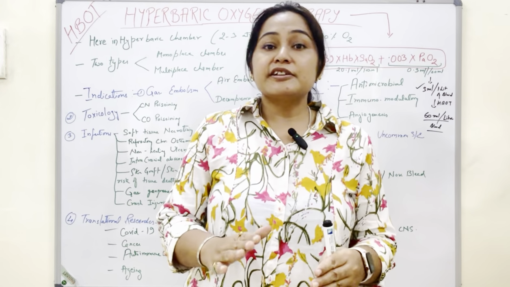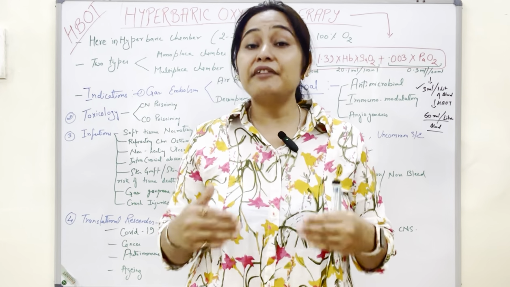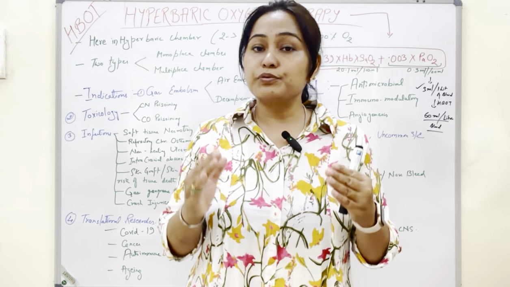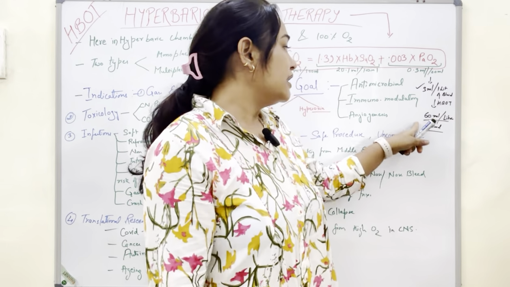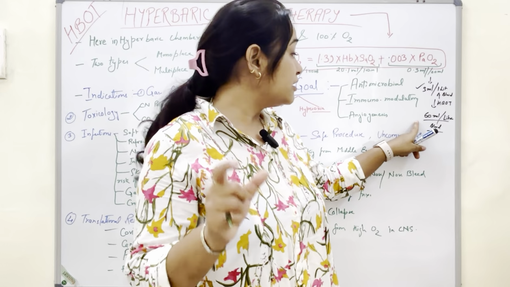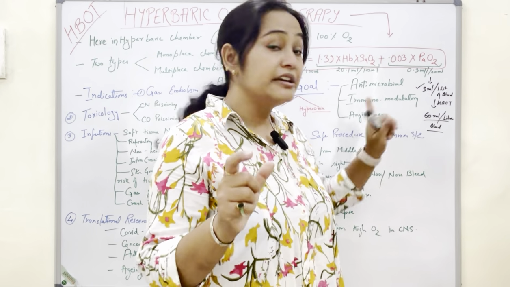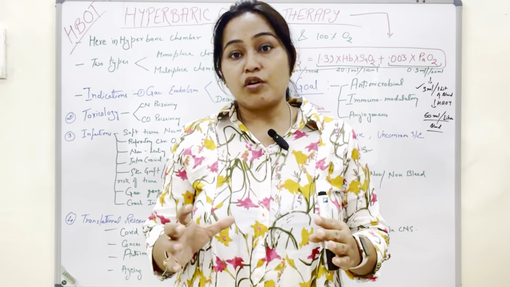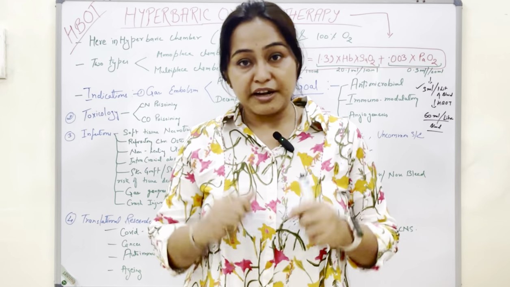But if a patient is placed in the hyperbaric chamber and we provide 100% oxygen at a pressure of 2 to 3 atmospheres, then the dissolved oxygen turns out to be 60 ml per liter of blood. That means 20 times more than the normal dissolved oxygen in the arterial blood, right?